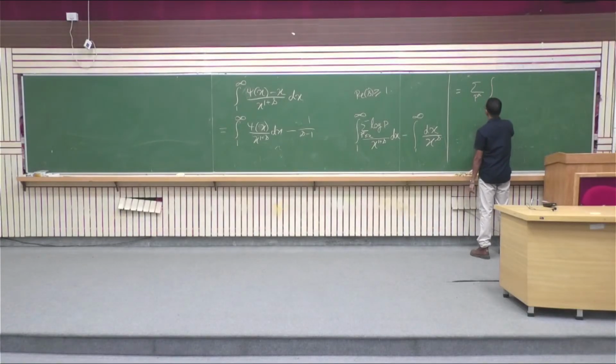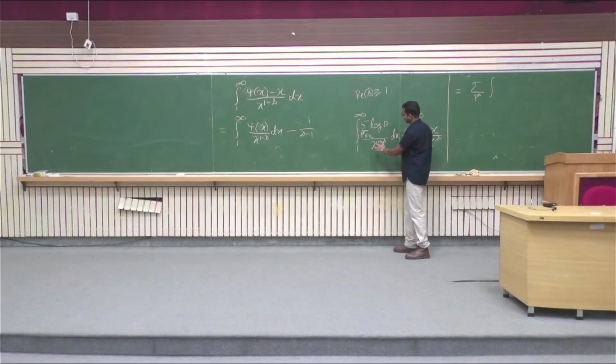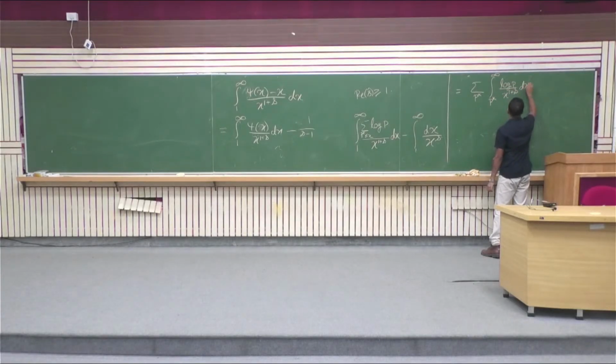Integral from, now note that this x was such that p^k was less than x, right? So if we switch the sum and the integral, that means the range of the integration should start from the prime powers, right? So p^k to infinity, and here you have log p / x^(1+s) dx, right?